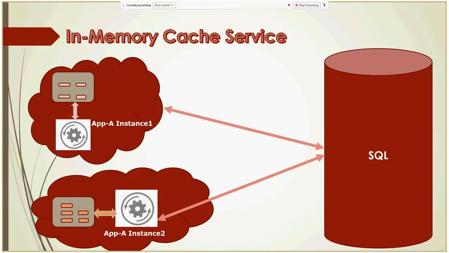Both of those will have its own set of cache, and they will have their own copies of data. So typically, you would use in-memory caching for some static data, or more interestingly, some local computations which are complex and you don't want to recalculate every time. Then you could store those kind of computations in the cache.